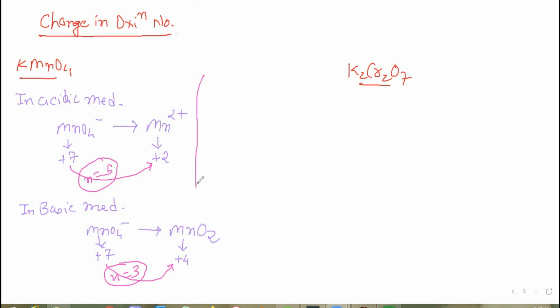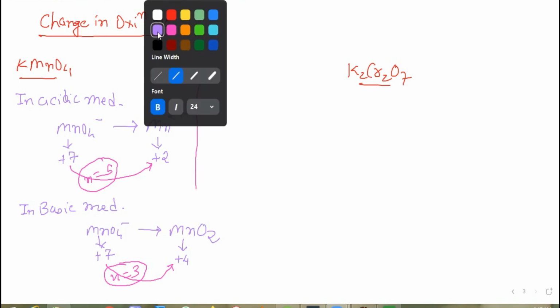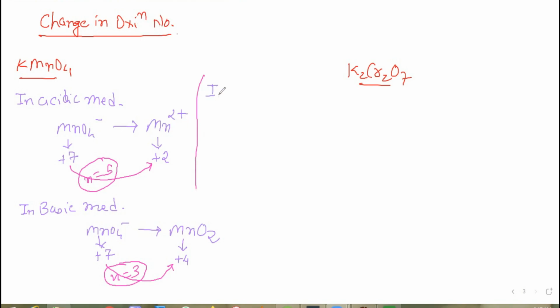Similarly, third one, in neutral medium, MnO4 1 minus ion, that is permanganate ion, is converted into MnO4 2 minus ion, and this will be manganate ion.